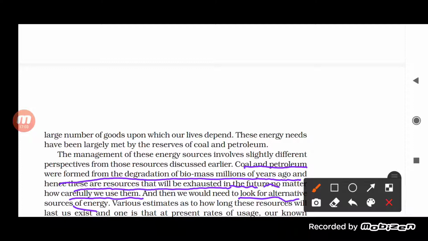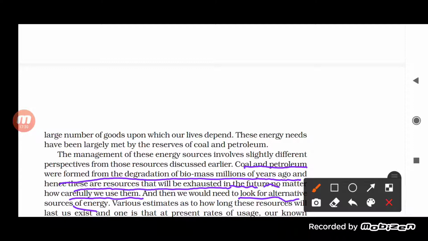It means when dead plants or animals get buried under rock and soil, and because of high pressure and temperature, in the absence of oxygen, over millions of years they get converted into a fuel that is used for different purposes.